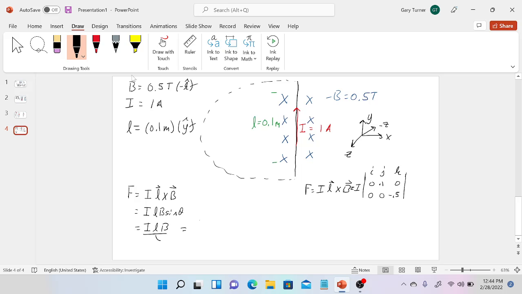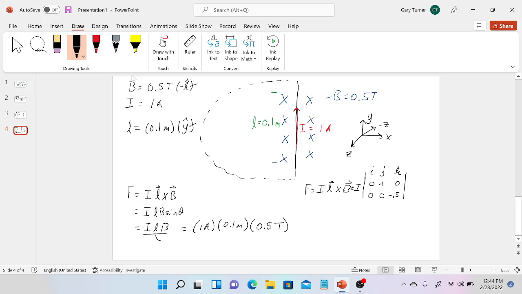And this is going to be 1 amp times 0.1 meters times 0.5 teslas. Okay. And remember that teslas are newtons per amp times meter.